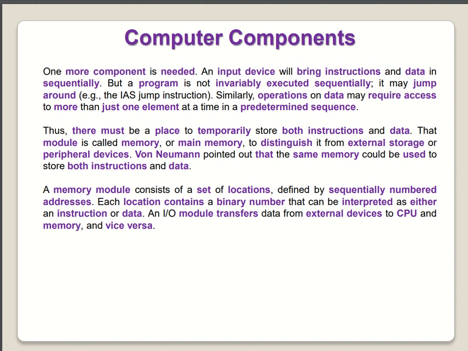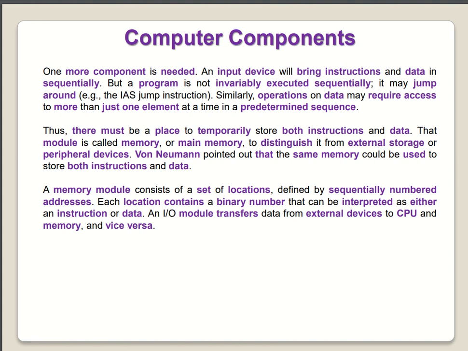Memory consists of a set of locations. Each location is numbered by a sequentially numbered address. Each location contains a binary number that can be interpreted as either an instruction or data.